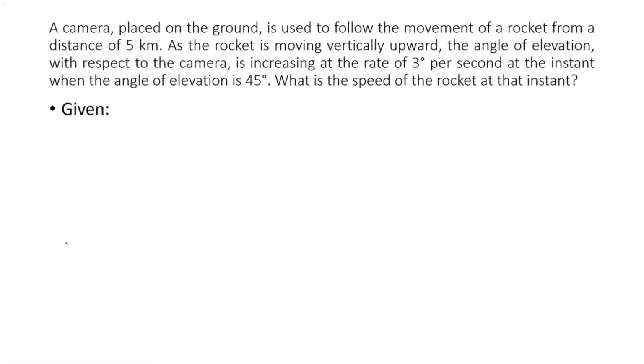So let's say this is where the camera is placed, and then this is the starting point of the rocket. According to the problem, the camera is placed on the ground from a distance of 5 kilometers from where the rocket is. So we have here 5 kilometers.